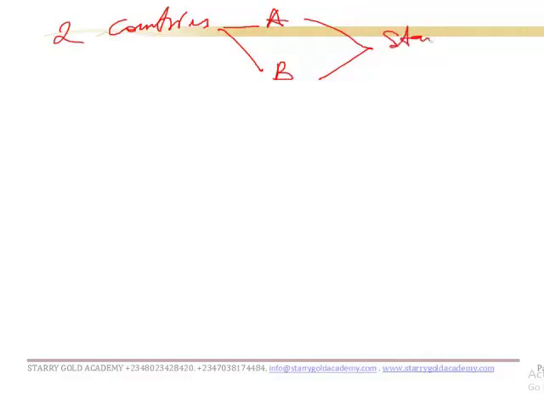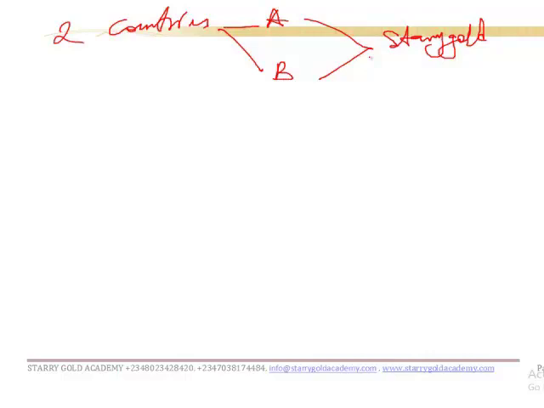So under international taxation, it might happen where two countries are interested to tax a person. So we have country A and country B. They are both interested to tax Starry Gold.